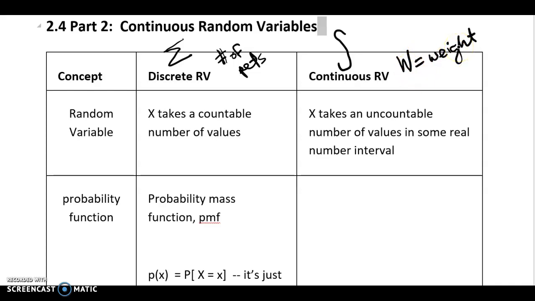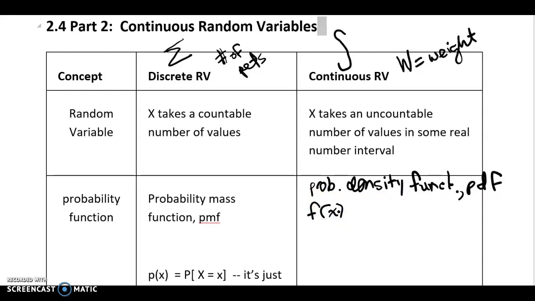Okay, so now, instead of a probability mass function, we have something called a probability density function, or PDF. And that symbol is going to be little f of x.